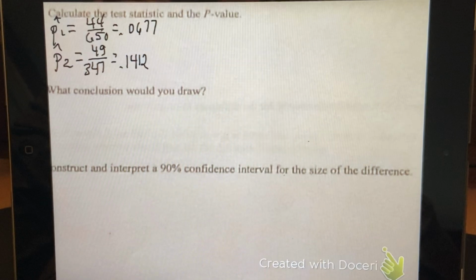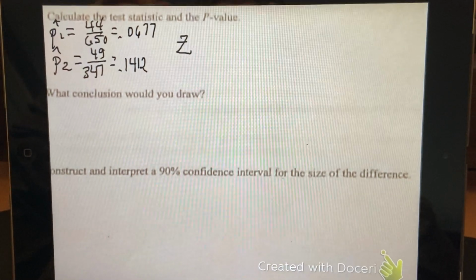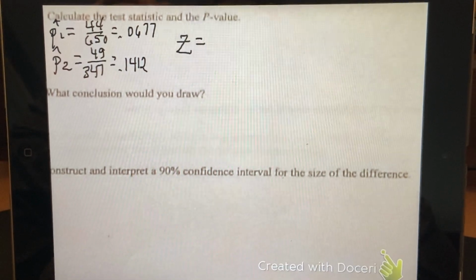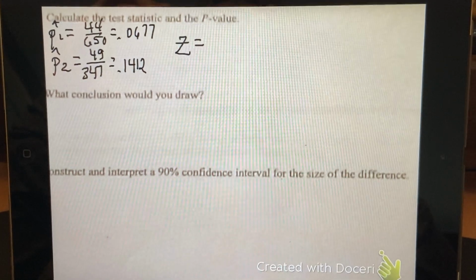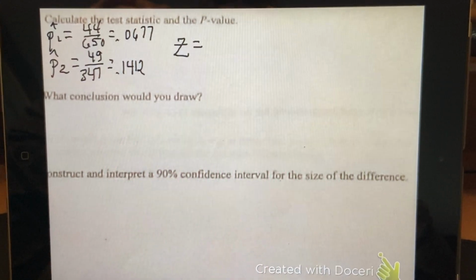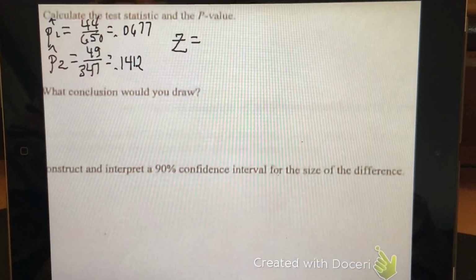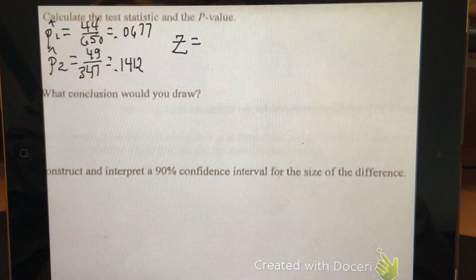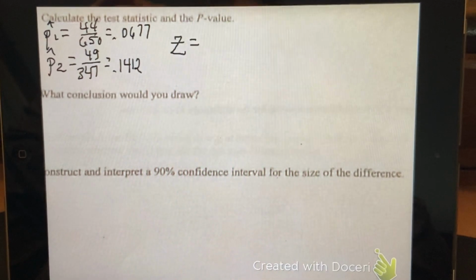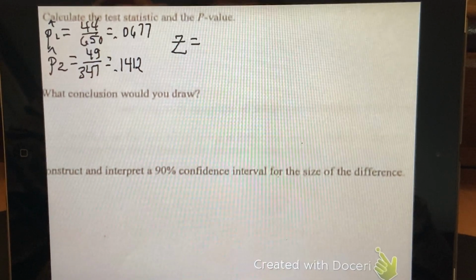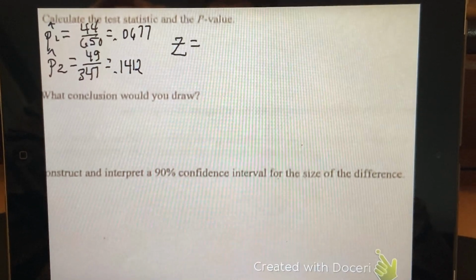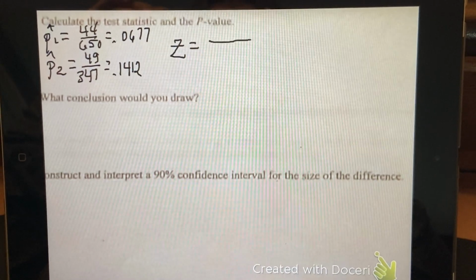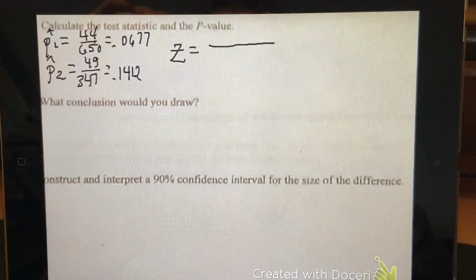I'm still going to do a z-score. It's just that my formula has changed a little bit. This formula is on your formula sheet, and I may snap a picture and do some notes beside the formula sheet you've got in hand, that blue thing I've handed out to you. So here's how our z-score is going to work. We don't have a p.